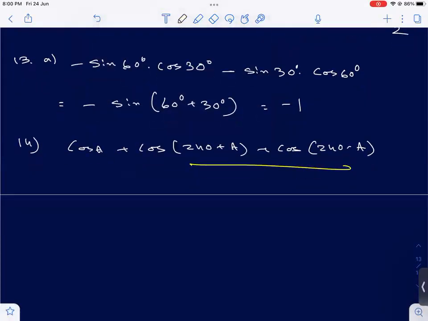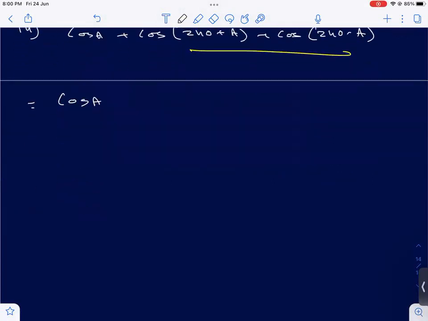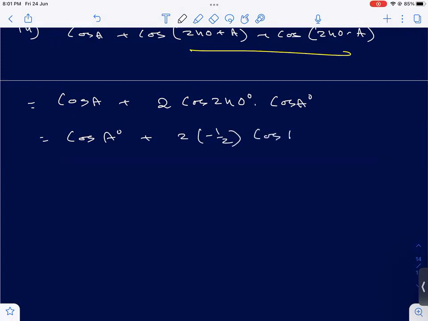If we apply it here, we are getting 2 cos 240 into cos A. Cos 240 means cos in the third quadrant, 60, it means minus half into cos A. The answer is to be 0. So the 14 answer is the second option.